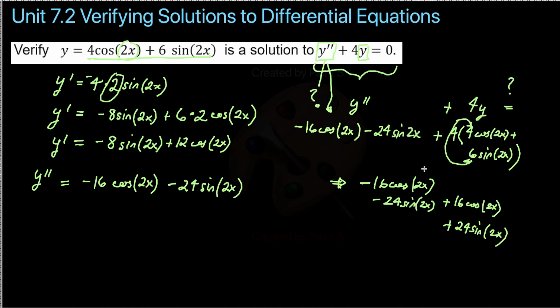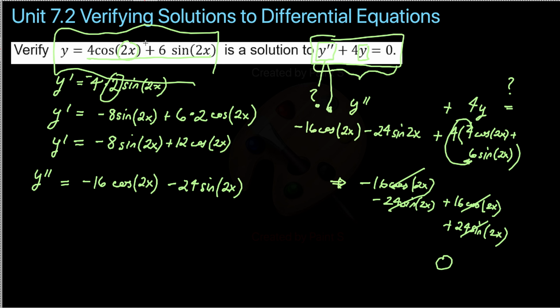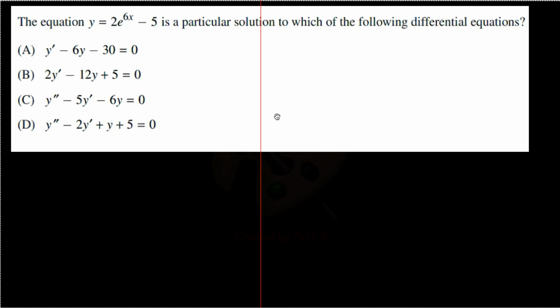And if you notice, this cancels with this, and this one cancels with this. I get 0, and this is indeed a solution. Now this whole process is me verifying that this is a solution to this differential equation. This is your differential equation, and you verified this being a solution.